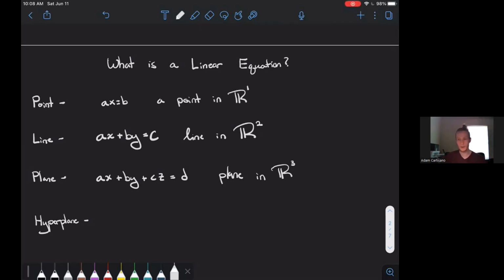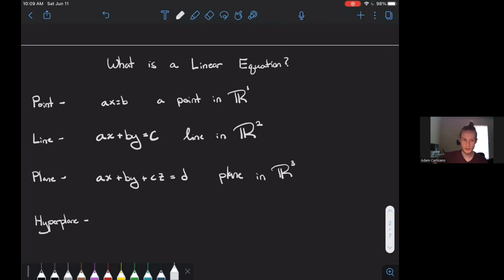So this is not a really fun example, but notice there's a very clear pattern that pops out when we allow for that case. All we're doing is increasing the number of variables, one for each dimension of space that we're considering, and then we're carving out a single equation by taking a linear combination of those variables, setting it equal to a constant.